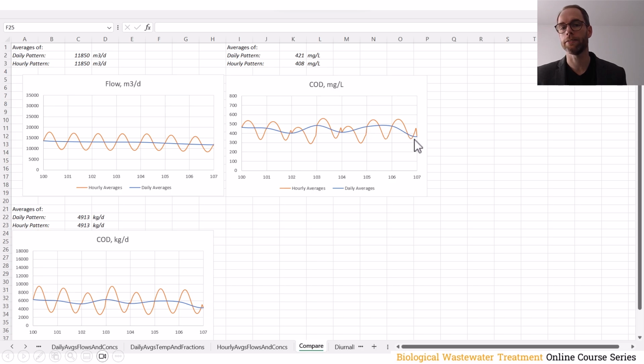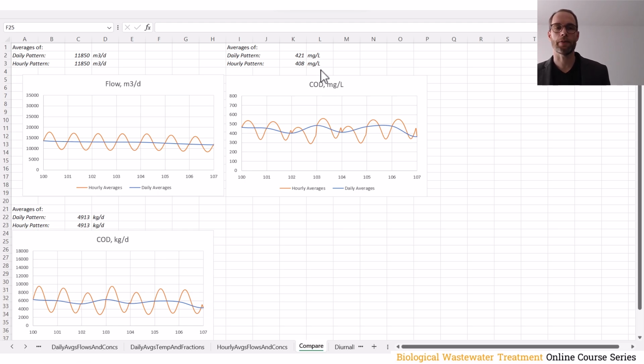But when we calculate the averages for these two data sets, the daily pattern has an average COD concentration of 421 milligrams per liter, whereas the hourly pattern has a concentration of only 408 milligrams per liter.